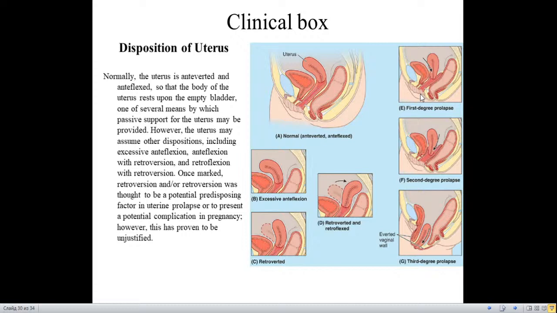We described the normal position of the uterus in the pelvic cavity, anteflexion, anteversion, but this diagram demonstrates pathological positions of the uterus, and one more thing known as prolapse, when due to relaxation of ligaments, weakening of the urogenital diaphragm, the uterus goes down and passes through the vagina and appears even visible outside. It is named prolapse of the uterus.